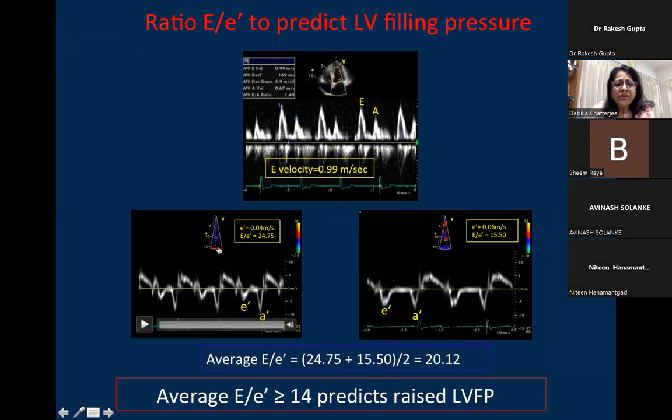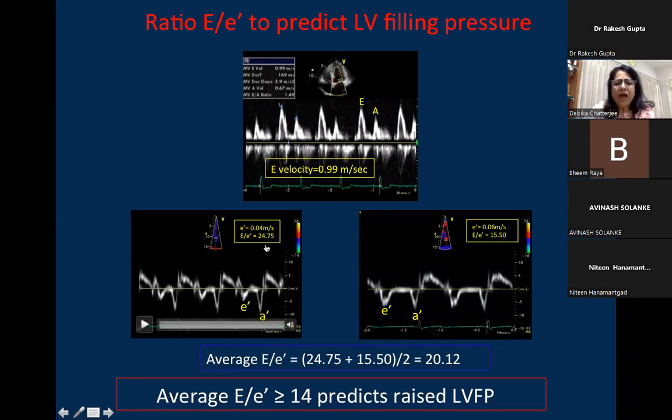And septal E prime is 0.04 meter per second. So septal E by E prime, the machine gives all these values. You have to only place the caliper. E by E prime is 24.75 at the septal annulus. I repeat the same on the lateral annulus. I get E by E prime 15.5.